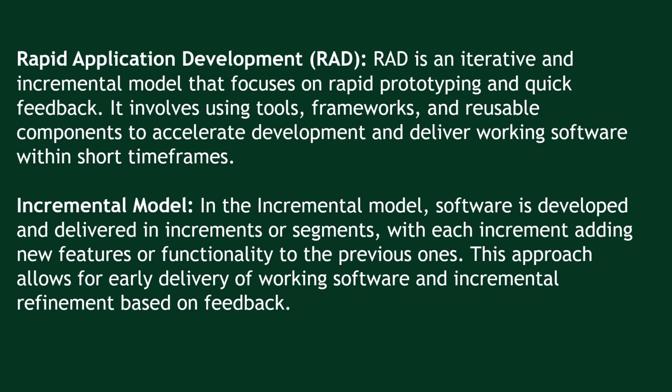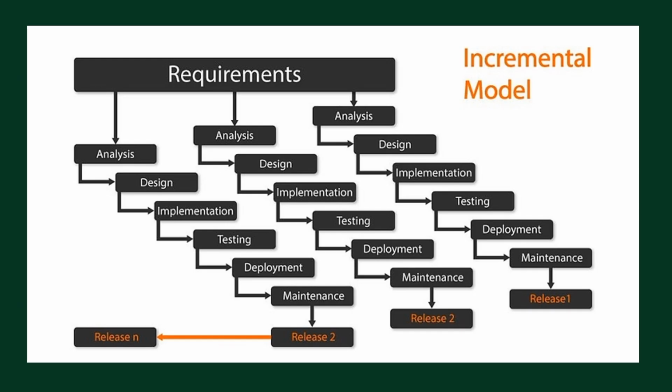In the incremental model, software is developed and delivered in increments or segments, with each increment adding new features or functionality to the previous ones. This approach allows for early delivery of working software and incremental refinement based on feedback. Here's an example of an incremental model chart.